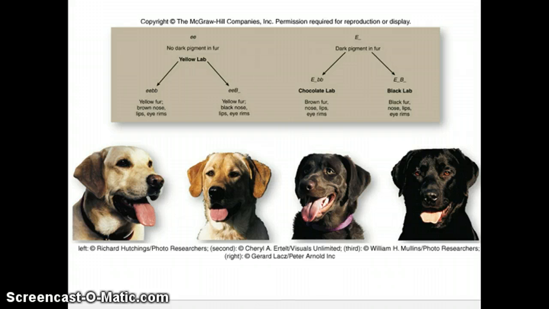And then a second epistatic gene is going to determine whether that dark pigment is actually deposited in the fur. If it is not, if you end up with a lack of deposit of this pigment, you end up with the yellow coloring in a lab. So we say that the gene for pigment deposition is epistatic to the gene that codes for black or brown pigment.